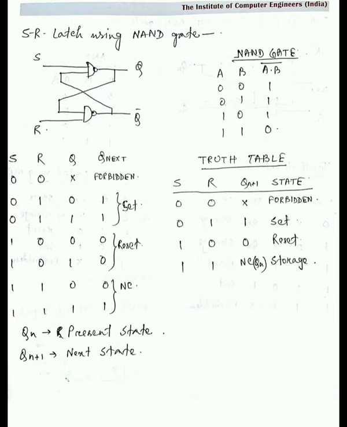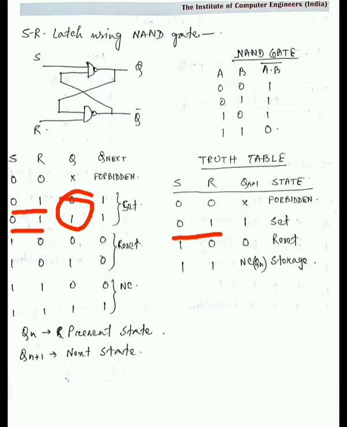The conclusion comes at these points. First of all, see this one, 0 0. If S and R both are 0, then whatever be the input of Q, output is unpredictable. That is known as forbidden state. First point. Okay. Next point, this one. If S is 0, R is 1, whatever be the value of Q, output is always 1.